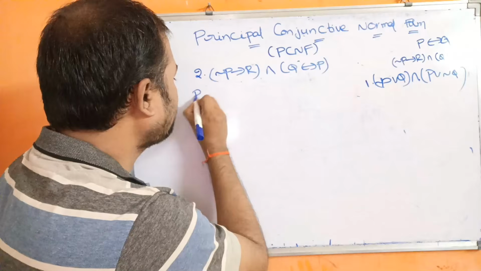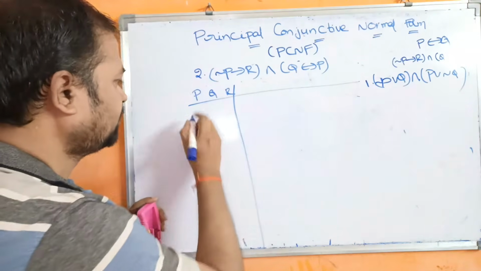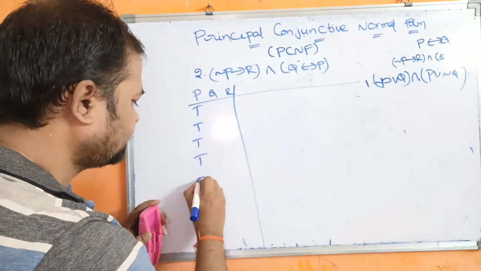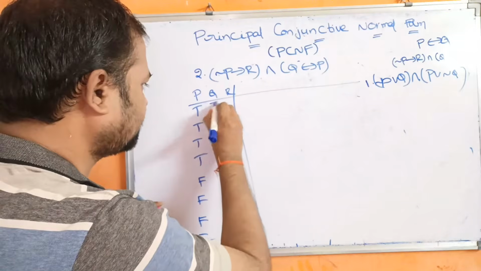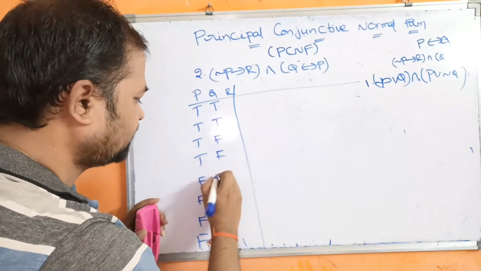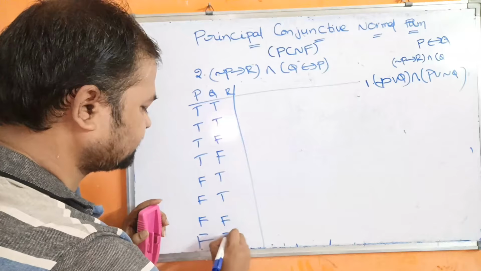The possible combinations are P, Q, R. For the first column, the first 4 are true, the next 4 are false. For the second column, the first 2 are true, next 2 false, next 2 true, and the last 2 are false.